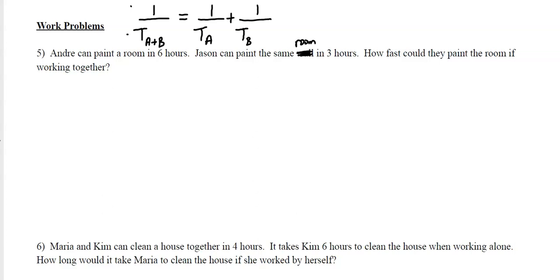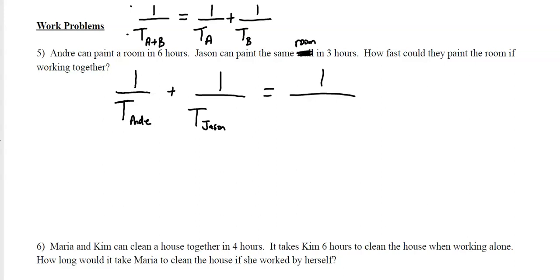So on this one, I'm going to use the people's names. So we're going to go 1 over the time that it takes Andre plus 1 over the time that it takes Jason should equal 1 over the time that it takes together, both of those.